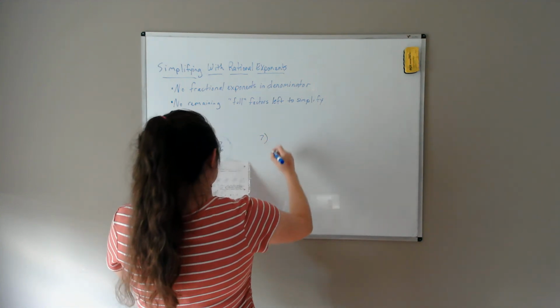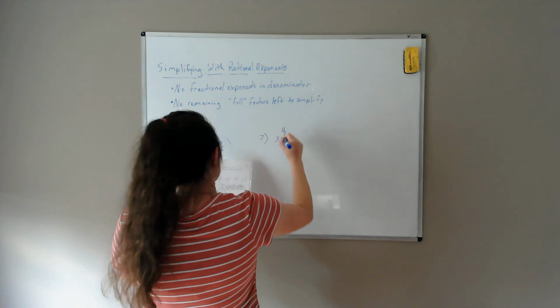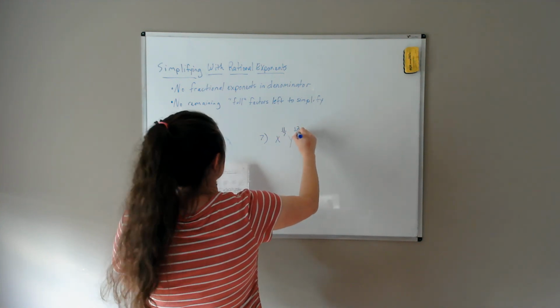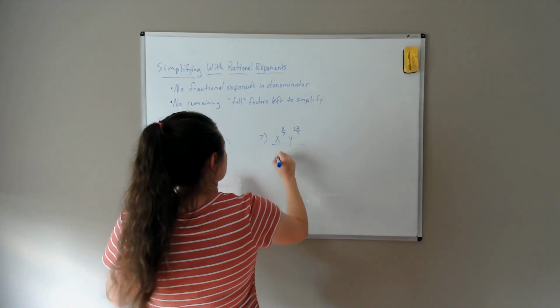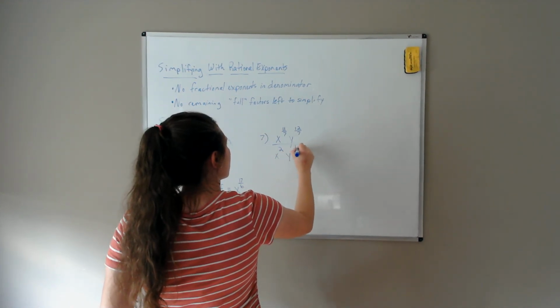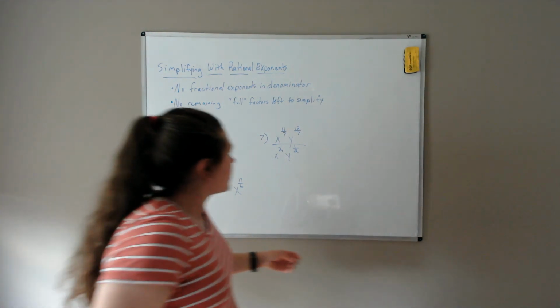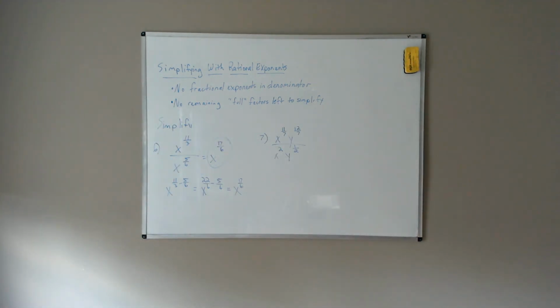Number 7, we'll do x to the 11/7, y to the 12/7 over x squared, y to the 1/2. Okay, so notice, I've got x's over x's and I've got y's over y's. So let's look at our x's first.